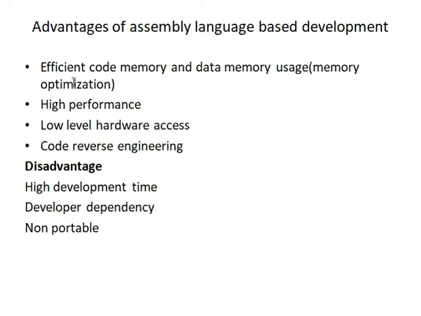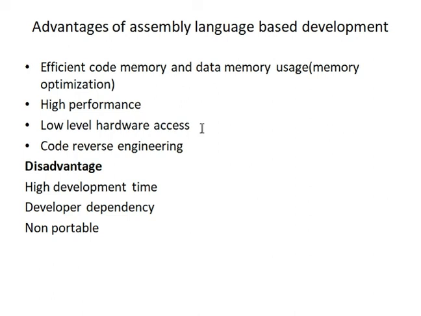So it will be very much optimal, and performance wise also it will be effective because assembly code is very much closer to machine code. Rather than converting C to assembly, and then from assembly again converting it into machine level language. And one more advantage of assembly code is low level hardware access.